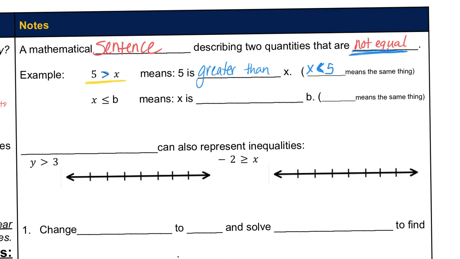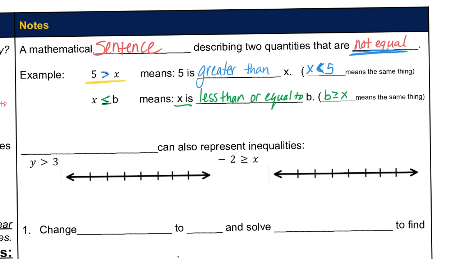The next statement says x is less than or equal to b. So we're saying it's less than, and I have to just memorize the direction there. It's less than or equal to b. And again, I could reorganize that and rewrite this, and this would mean the same thing if I wrote b is greater than or equal to x.